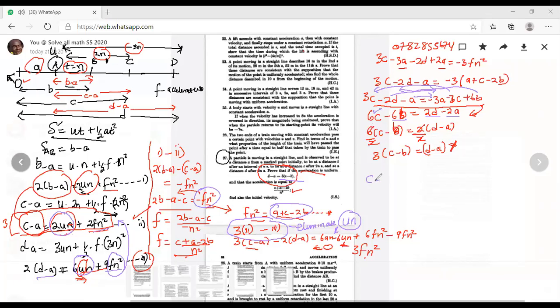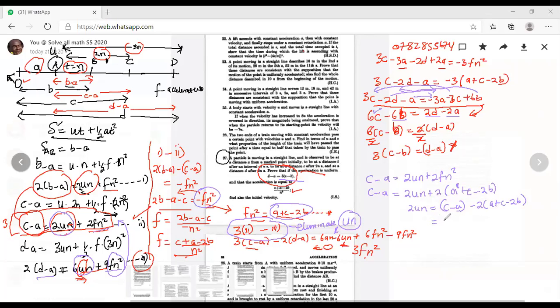Let me use C minus A is equal to 2Un plus 2Fn squared. So C minus A is equal to 2Un plus 2 Fn squared, which was A plus C minus 2B. 2Un is equal to C minus A minus 2 into A plus C minus 2B.